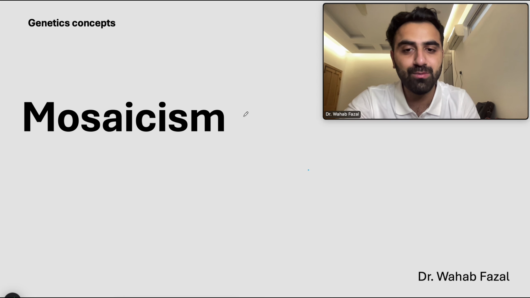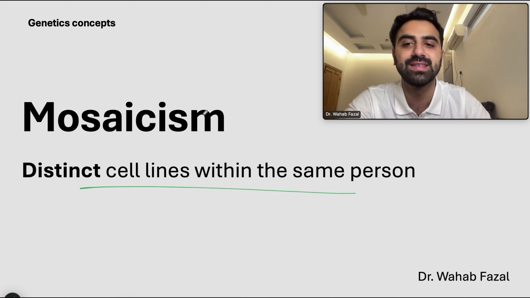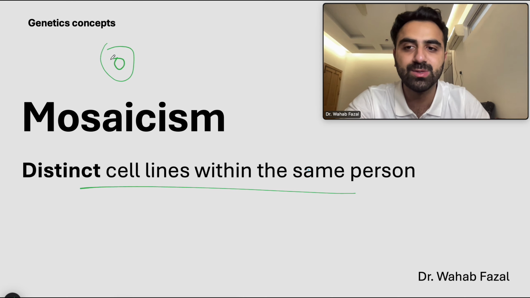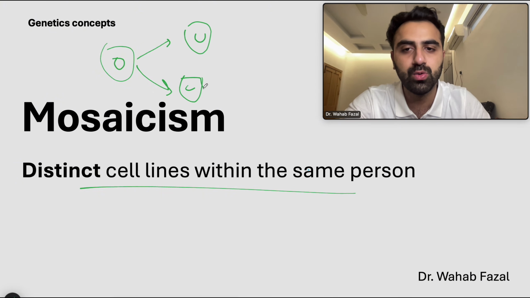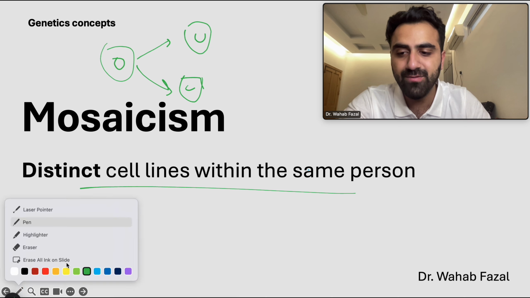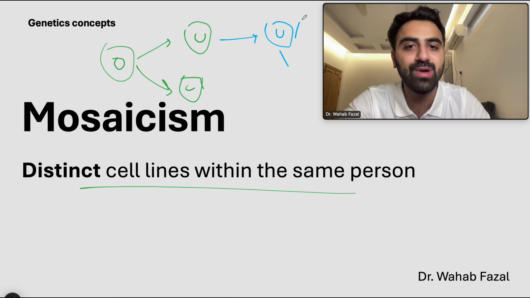So what is the concept of mosaicism? It actually is very similar. You have distinct cell lines within the same person. So let's say this was the cell. During division, it is supposed to divide into 2 cells, right? But somewhere along the way, this cell got mutated. And now everything you get from this cell will be mutated, will be blue colored, right?